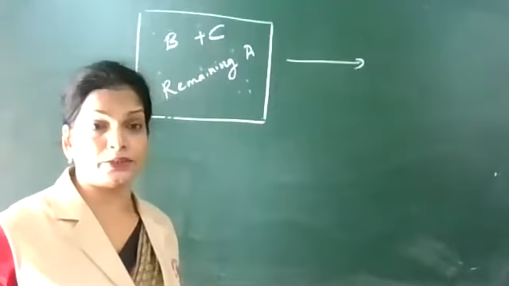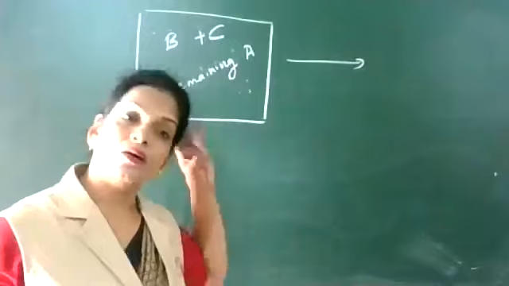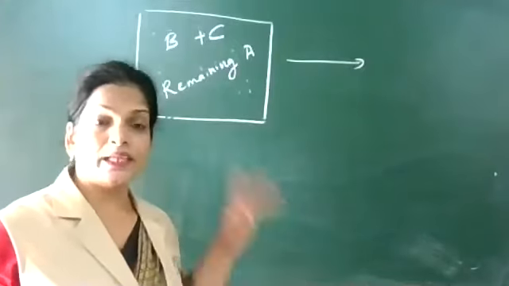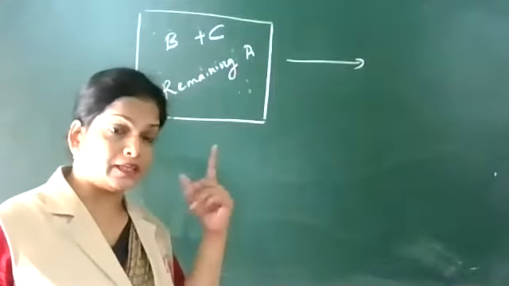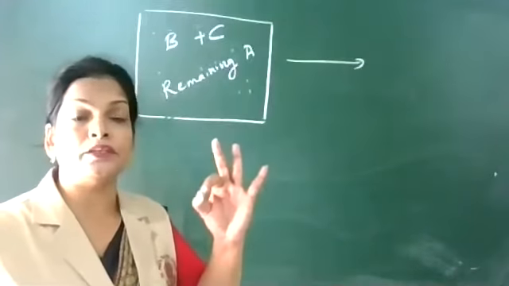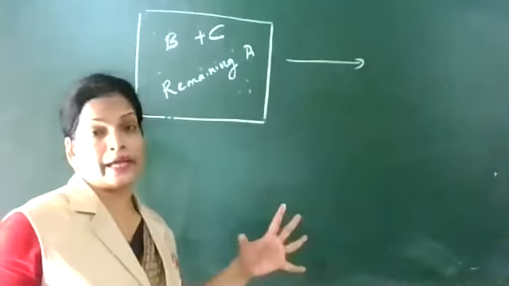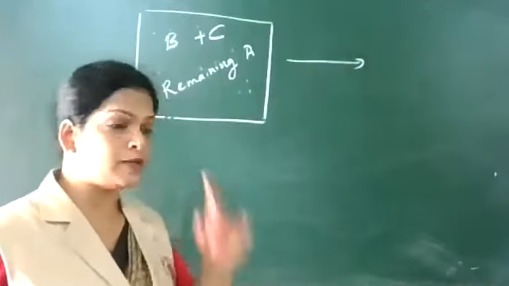Now the pressure is due to these three gases. All are gaseous products. Previously, before starting the reaction, the pressure is only due to A. That is the initial pressure.